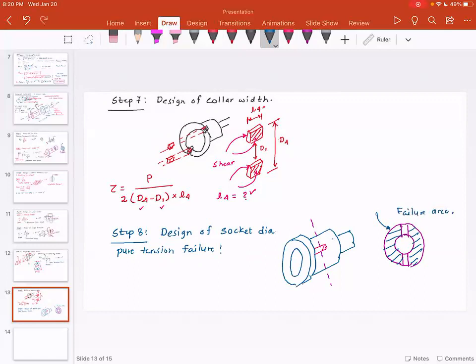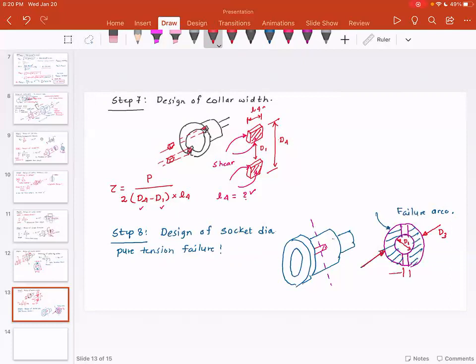And most of the dimensions are known except for the diameter of the socket. And I'm gonna call the socket diameter, using a different color here, D3. This is D3. This is D1.